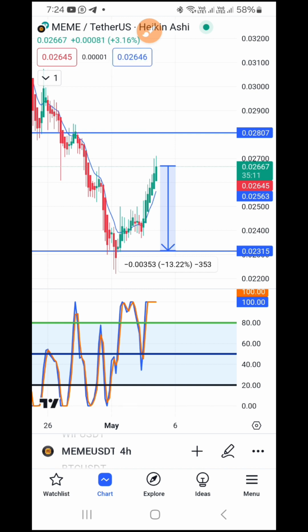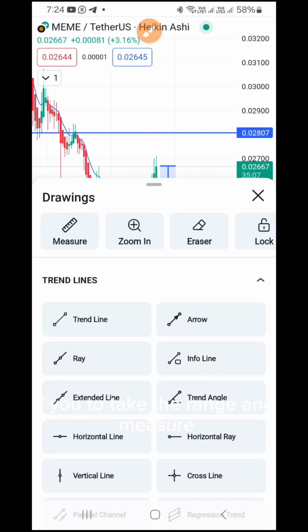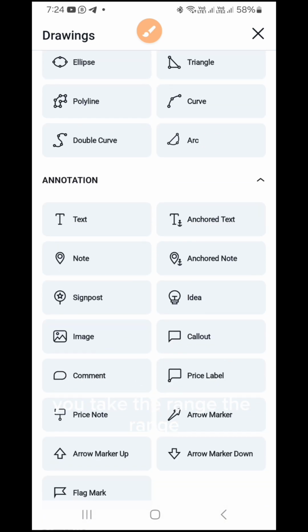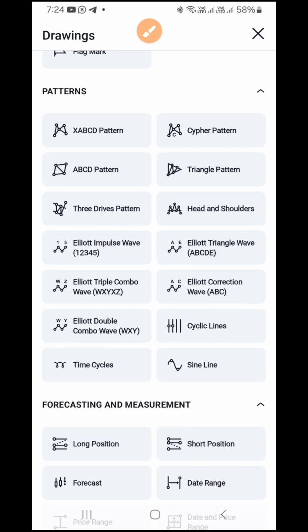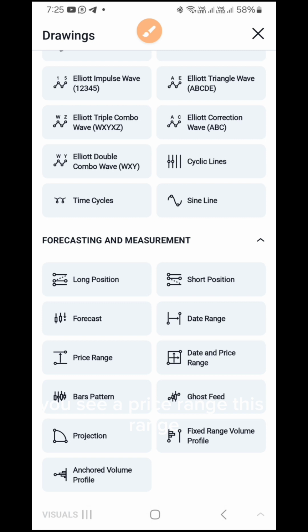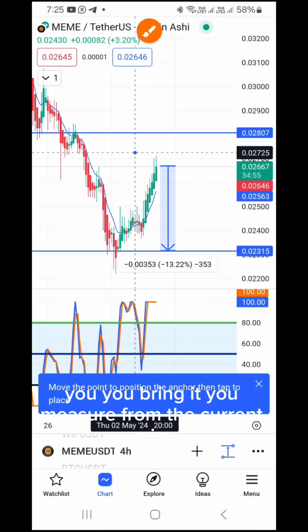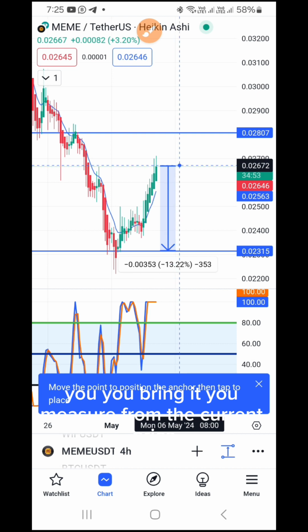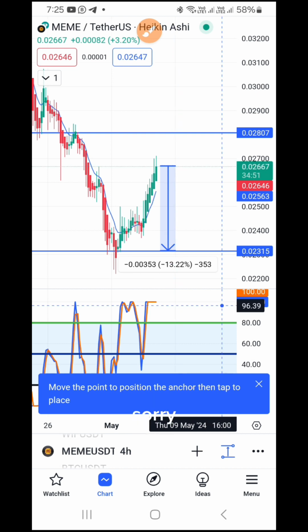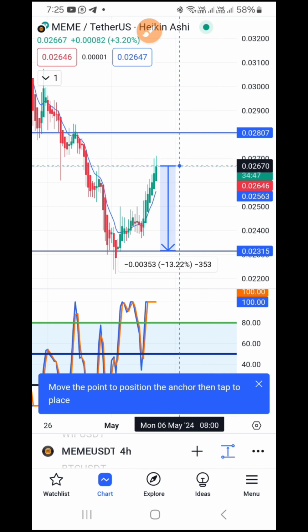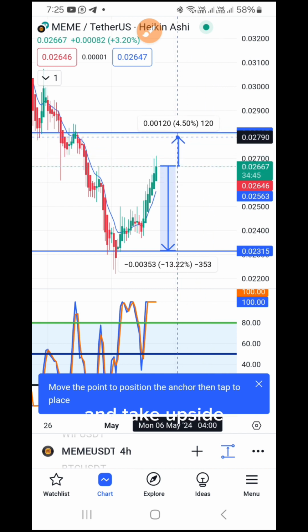So on this coin, if you're to take the range and measure, where is the range? Yeah, it's here, the price range. You bring it, you measure from the current price here, and take the upside.